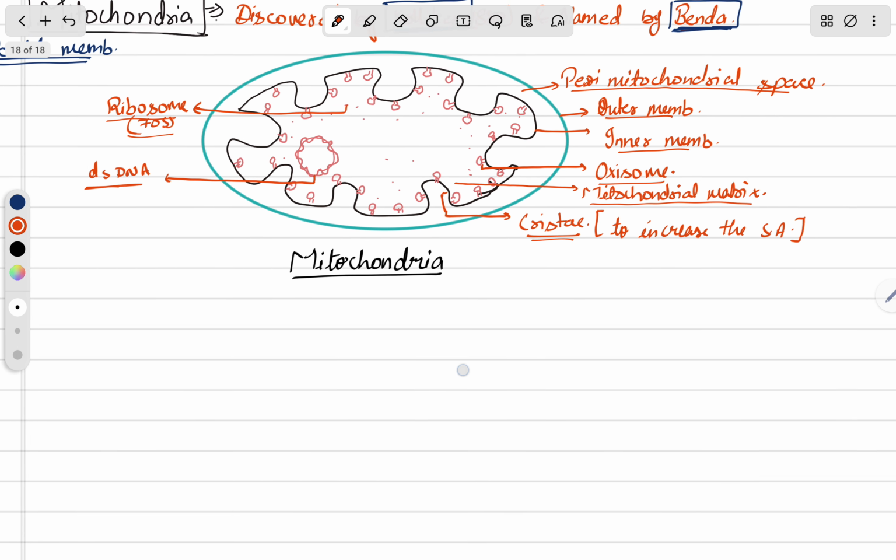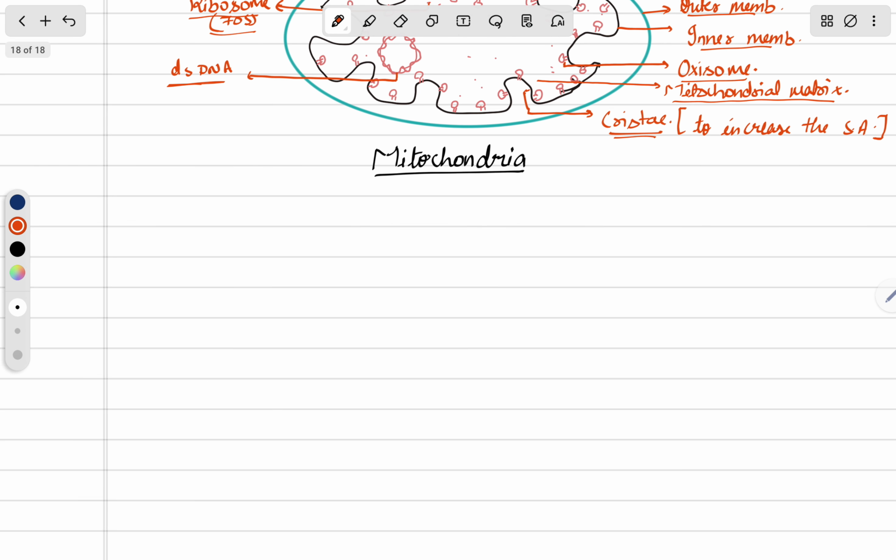Now let us start with a few important points about mitochondria. The number of mitochondria present in a cell depends on the physiological activity of the cell.